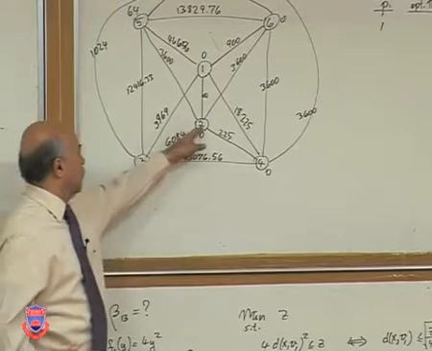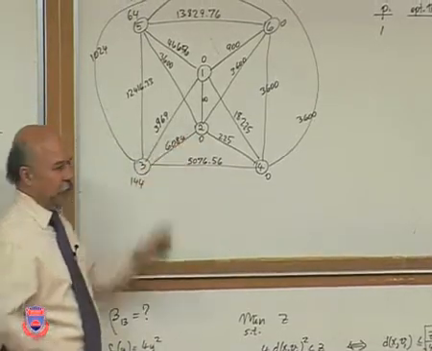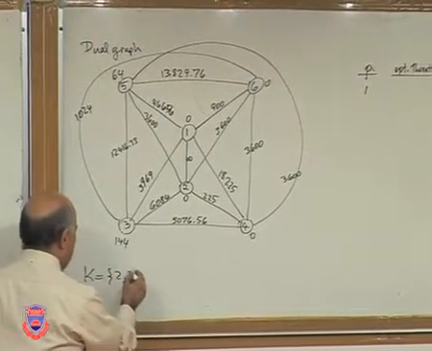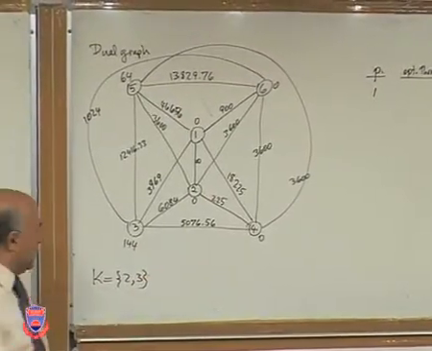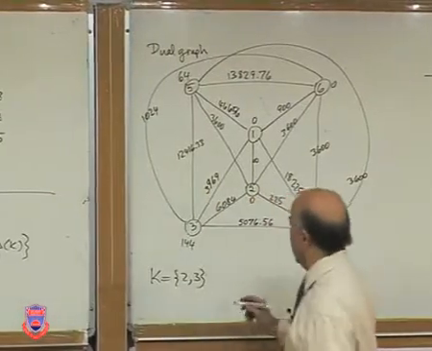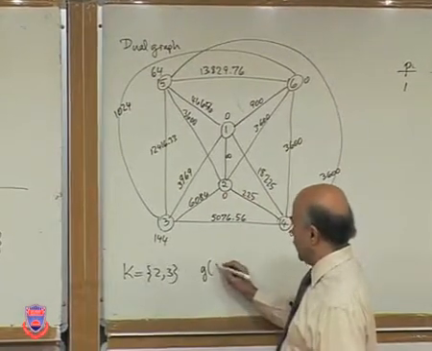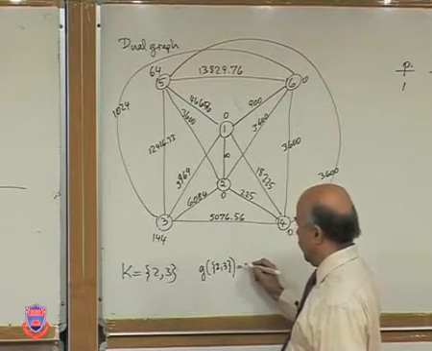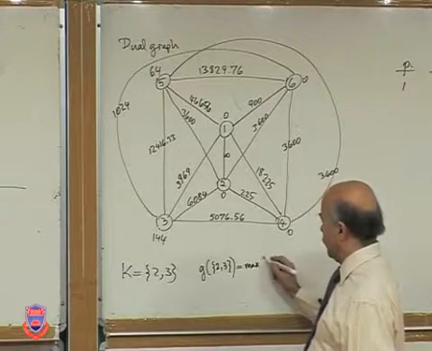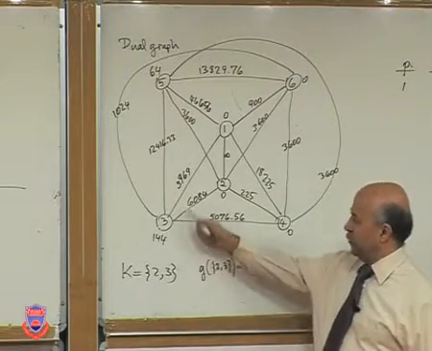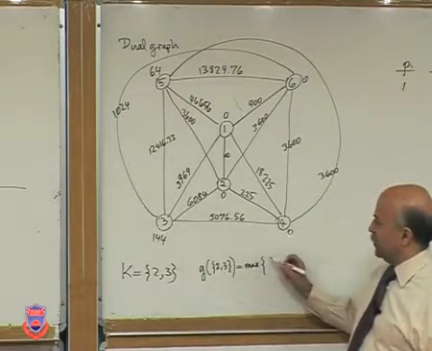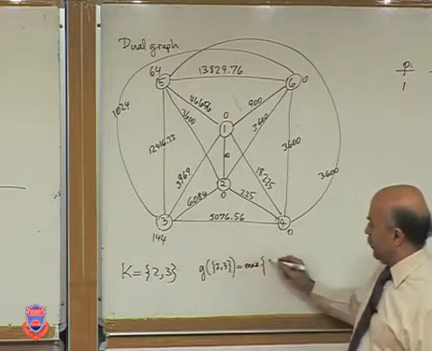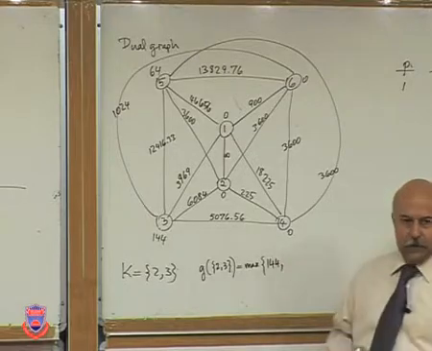Well, if you take your k to be the vertices 2 and 3, just as an example, the g value for this case will be the maximum of two things. What is the alpha value here? 144.